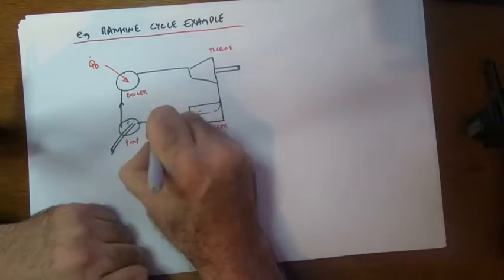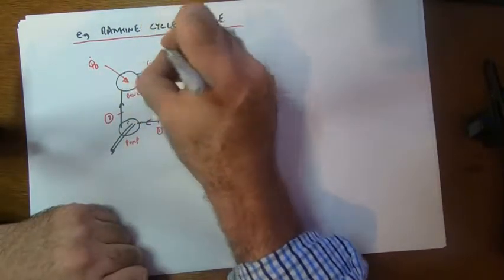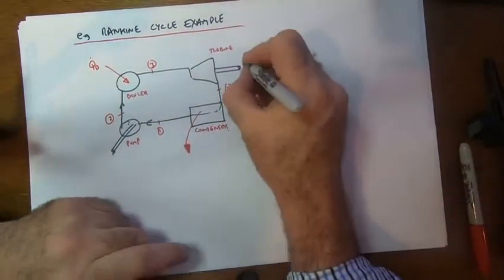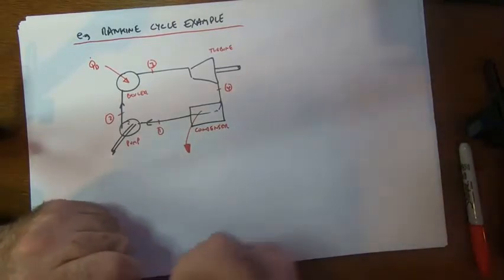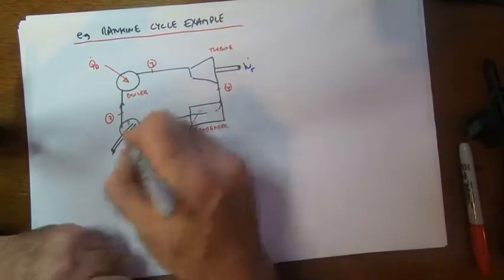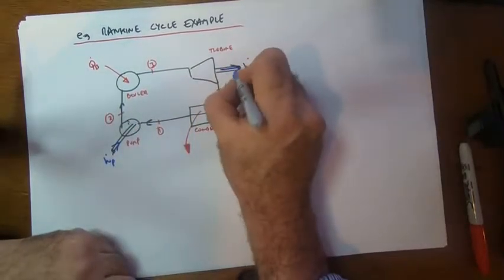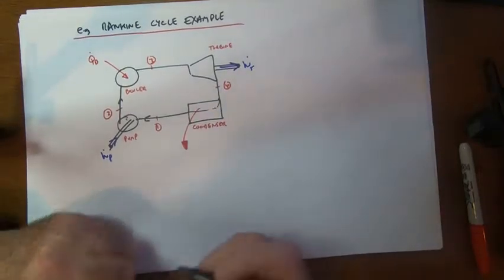I'm going to label some stations as we go around. This is station 1, station 2, station 3, and station 4. We're going to have work out of the turbine. Let's call that work out the turbine. And we're going to have work going into the pump, and WP.